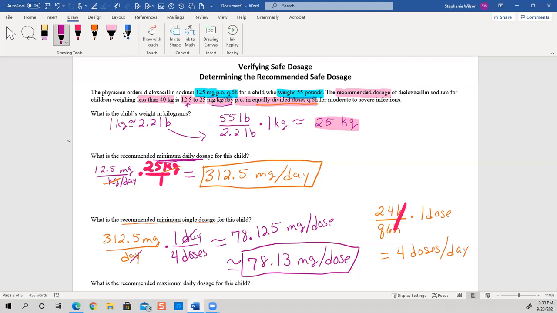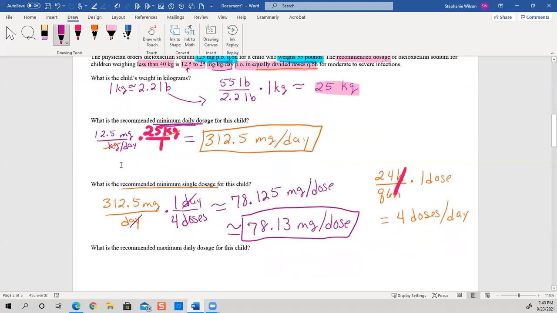So we checked out the minimum. So now we need to do the maximum, right? We need to see what's the maximum daily dose. So when I come up here and look, I see that it's 25 milligrams per kilogram per day. And the kilograms told me that we're using our patient's weight.